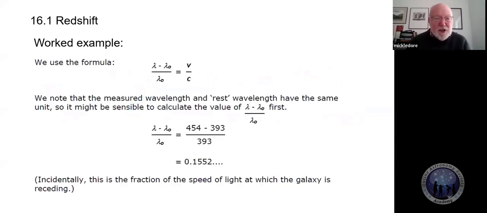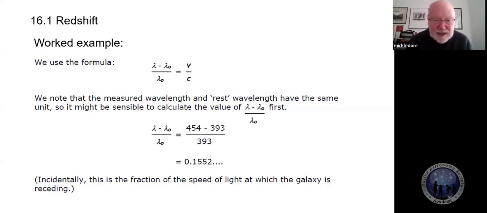Right. So what we've got to do is to use the formula. Lambda take away lambda naught, over lambda naught is V over C. The difficulty I think people have at GCSE is which lambda is which wavelength is which. So the true wavelength is lambda naught.